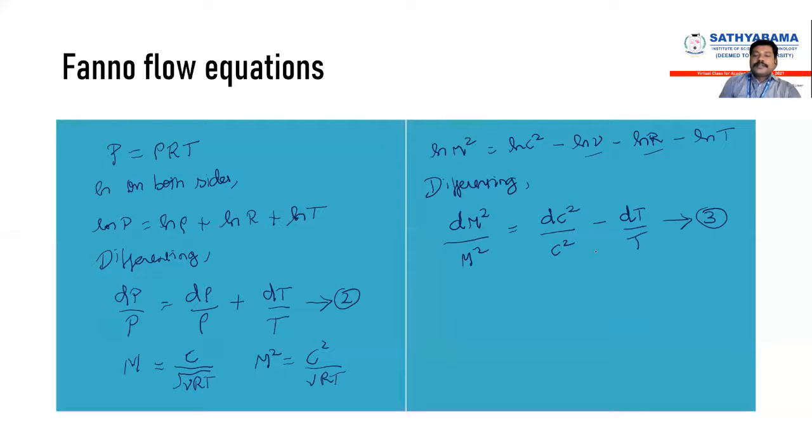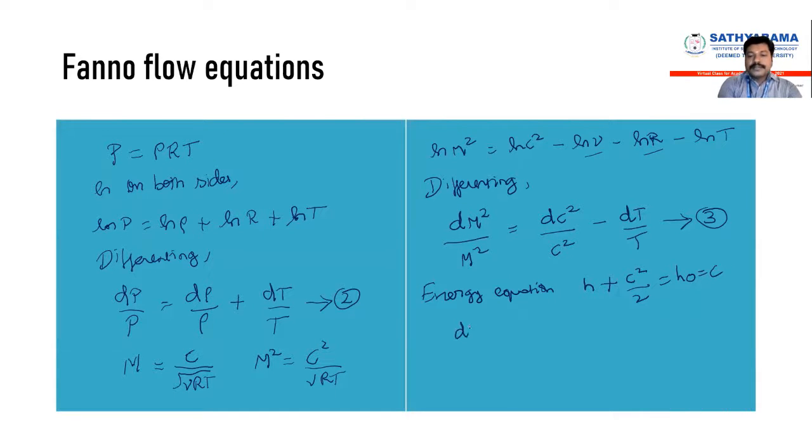After solving these, you go for your energy equation, which you are going to differentiate. So what is your energy equation? h plus C square by 2 is equal to h0. So h0 is constant.